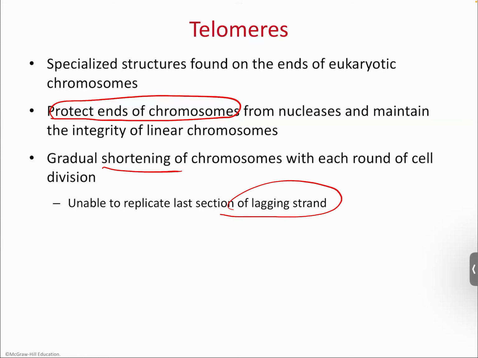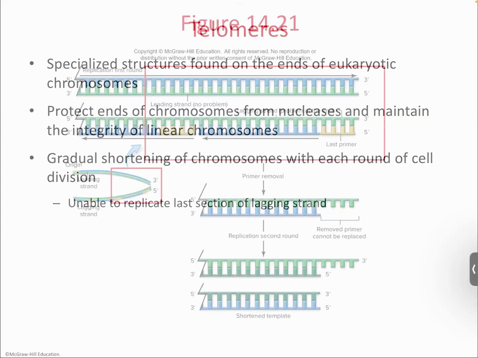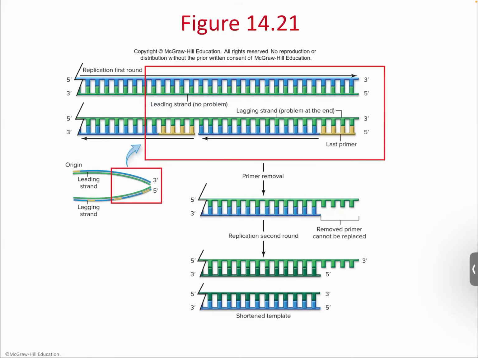All right, let's take a look at this once you get to an end. So here is your leading strand. This is not a problem here. So remember your lagging strand, which is moving in jerks. Remember the last primer here in line is still not going to be the last of your DNA, right? Because you're going to chew up this primer, and that's what's happened here. But this is going to leave an overhang. But guess what?